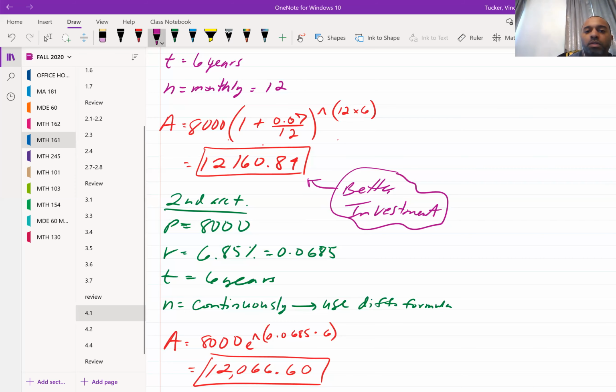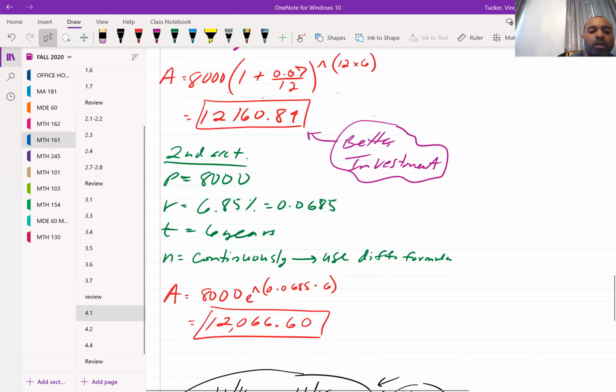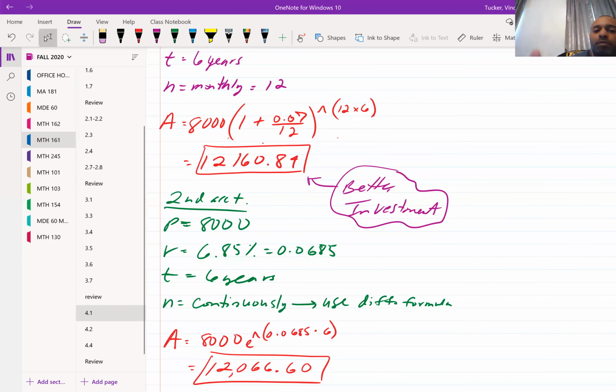All right, so we good to go? Everybody straight? All right, so that's all 4.1 holds you responsible for. Make sure you know how to graph and then using the calculator to use these formulas. So make sure you try it out, see if you have any problems with it.